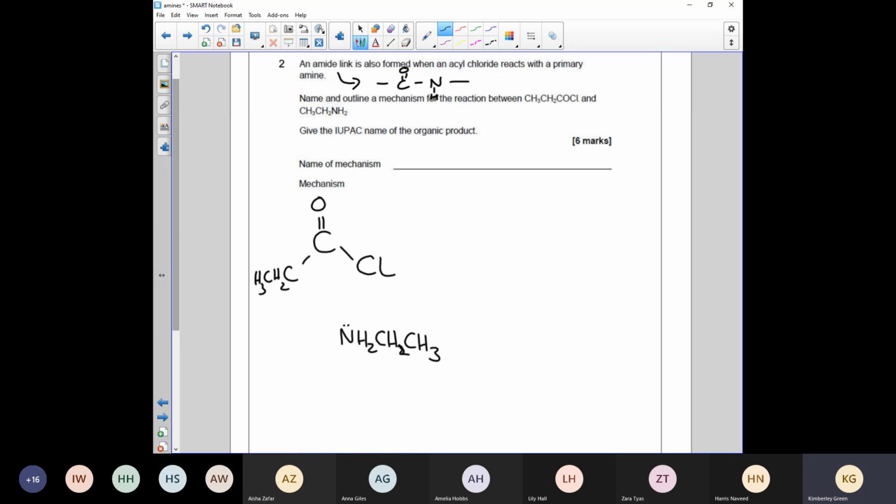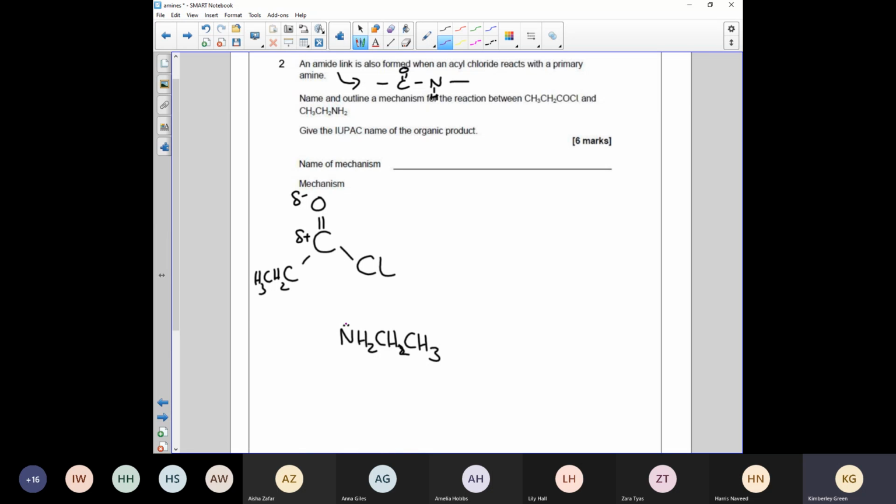So let's have a look at this. My carbon's going to have a little delta plus, and my oxygen is going to have a little delta minus. Because of the difference in electronegativity, there's a delta minus on the Cl as well. So that lone pair on that nitrogen is going to be attracted to that slightly positive carbon. I'm going to make sure that I start my curly arrow from a lone pair. Curly arrows must always start from a lone pair or a bond.